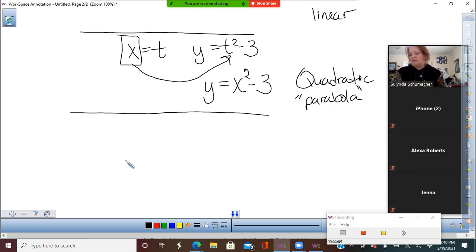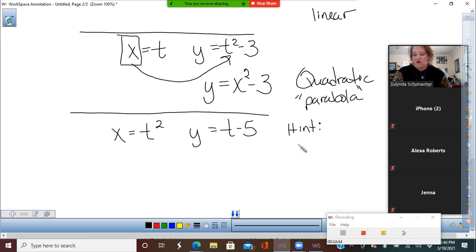All right, how about one more? The same section. Let's say I have x equals t squared, and then I have y equals t minus 5. But in your book, there's a couple of them that put the word hint, with a colon after it. This says to solve for x. There are 2 of them, I think, in your homework today that say that. So that means instead of solving for y, I want you to solve for x.